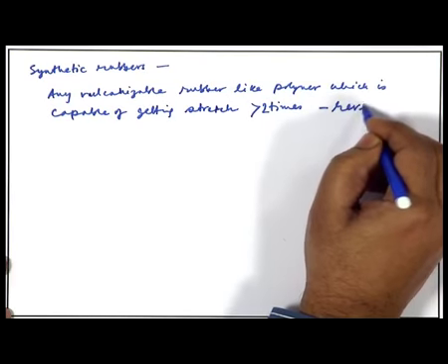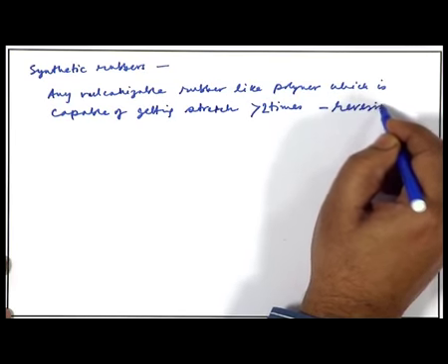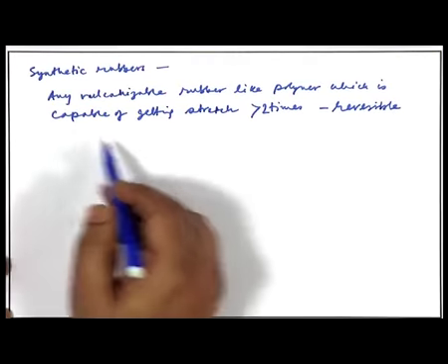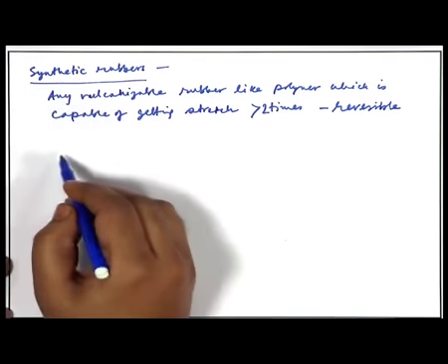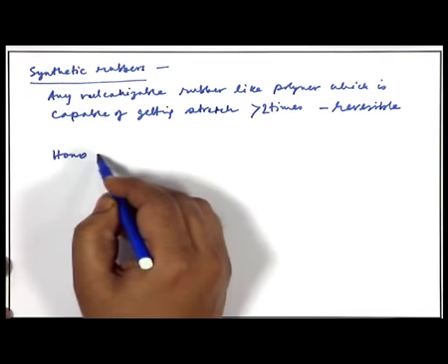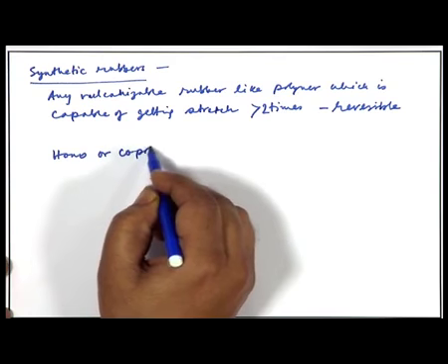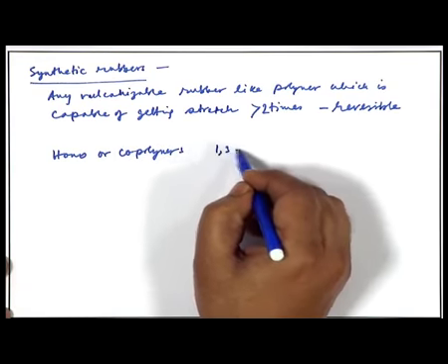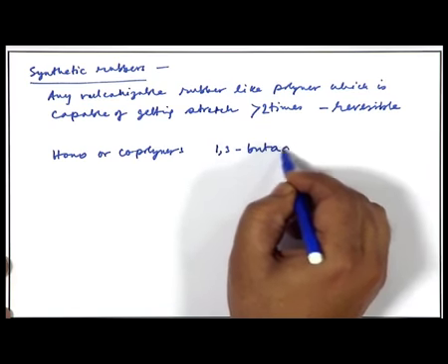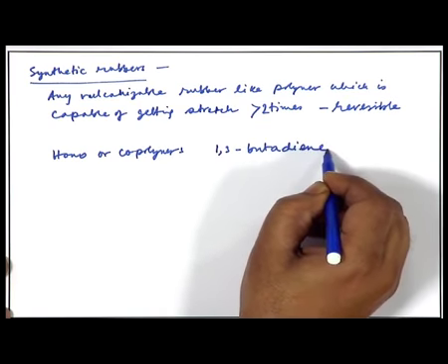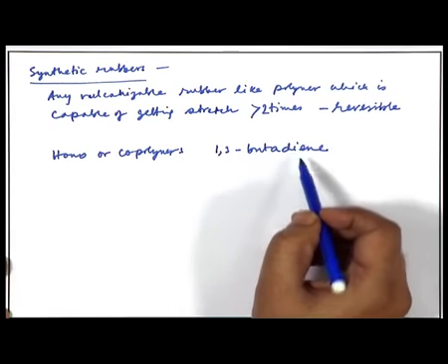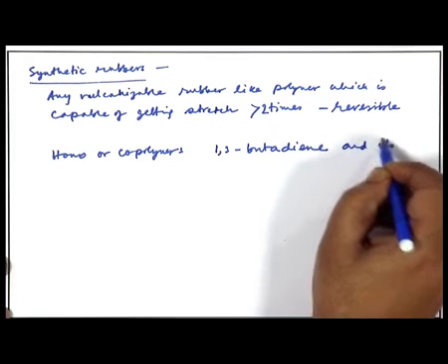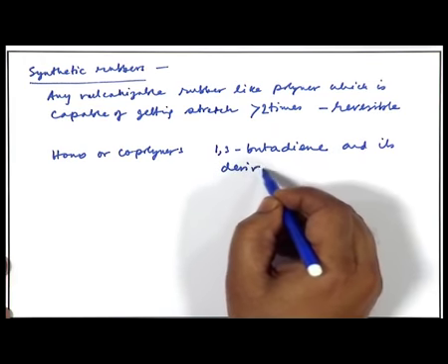Okay, so it should come back when you release the stretching. And these synthetic rubbers are mainly homopolymers or copolymers of 1,3-butadiene and its derivatives.